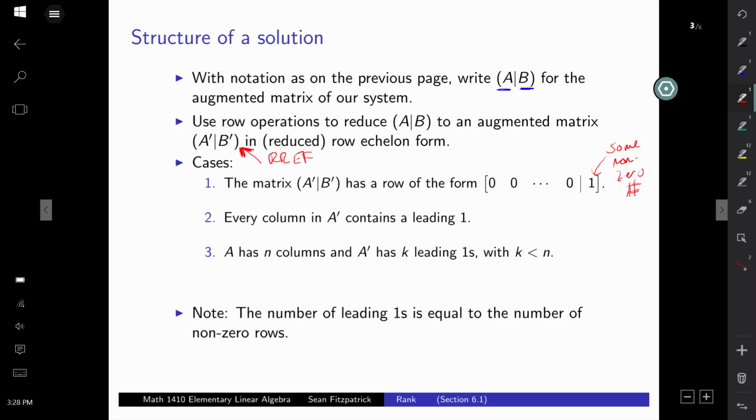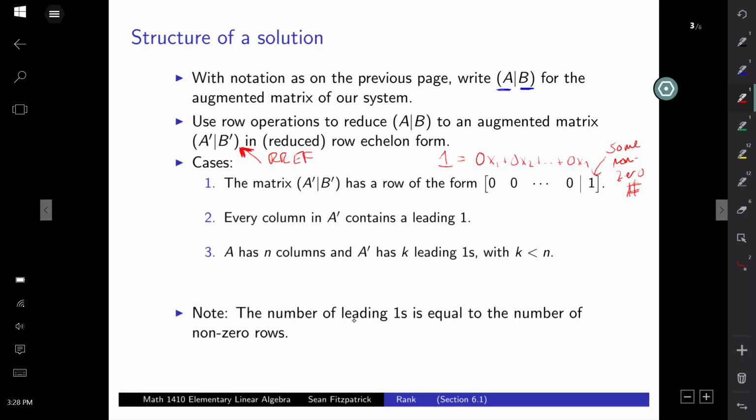If we are in reduced row echelon form, then the first non-zero entry in a row should be a 1, so we might as well assume that it's a 1. Well, we know what this row tells us. This row says that 0x1 plus 0x2 down to 0xn should equal 1.